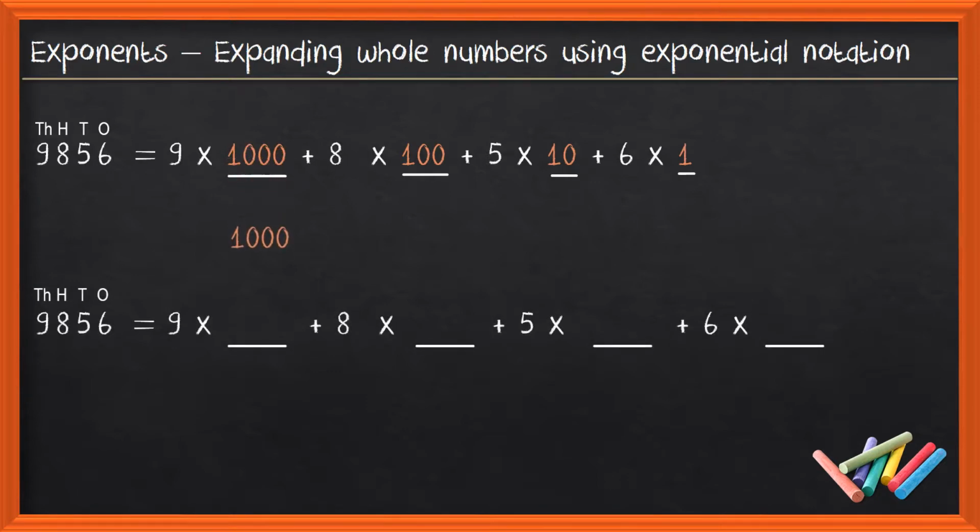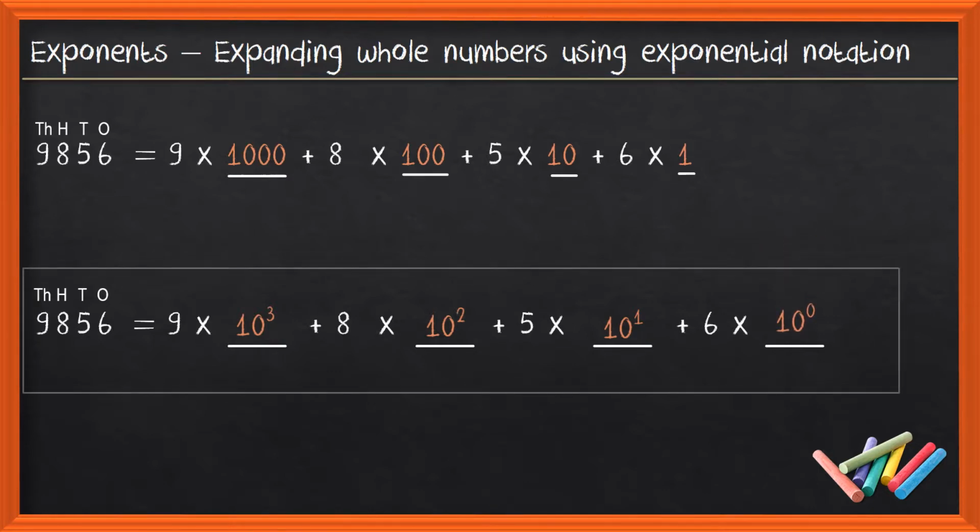1000 is 10 times 10 times 10, which equals 10 to the power of 3. 100 is 10 times 10, which is equal to 10 square. 10 is equal to 10 raised to the power of 1. And 1 is equal to 10 to the power of 0.